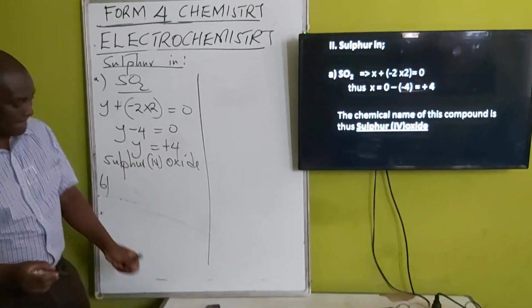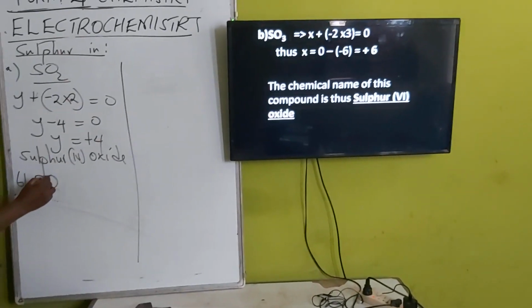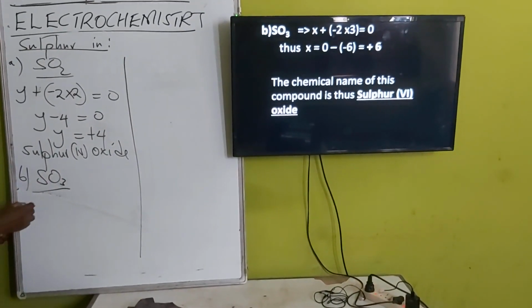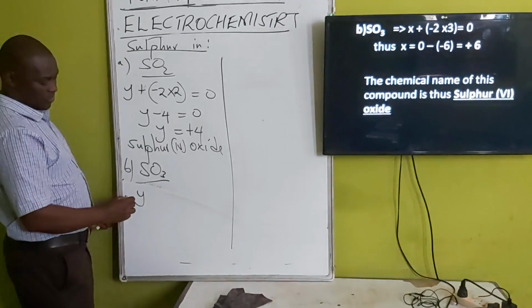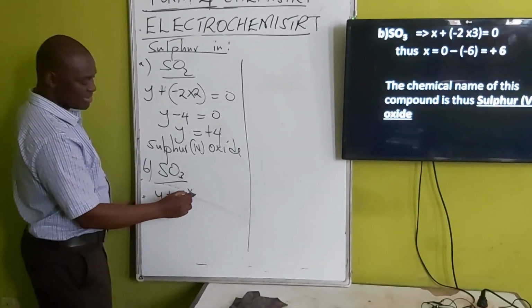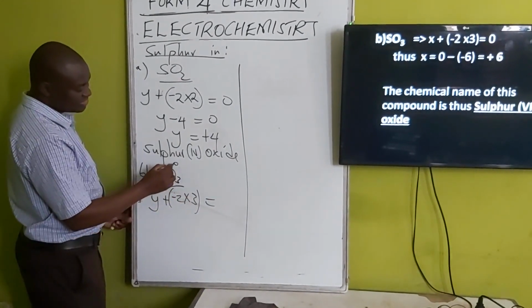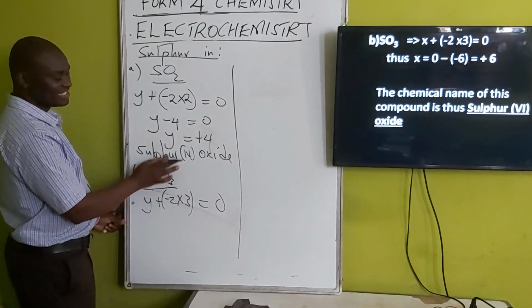We have B, the second example, which is SO3. We fix sulfur to be Y, oxygen to be -2. How many are they? 3. There is no charge here, so the overall charge is 0.